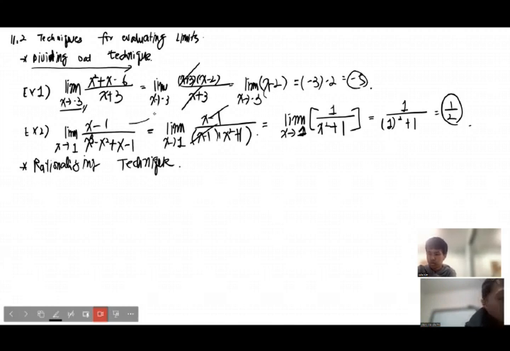Example number 3: we want to find the limit of f(x) = (square root of x + 1, minus 1) over x, as x goes to 0.